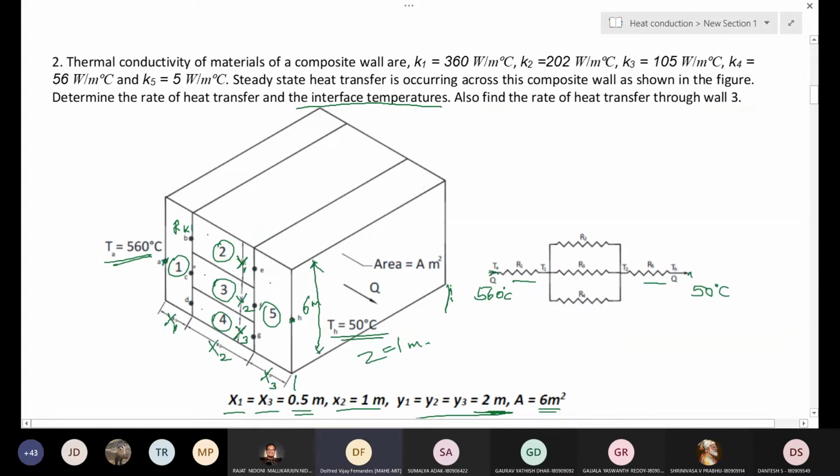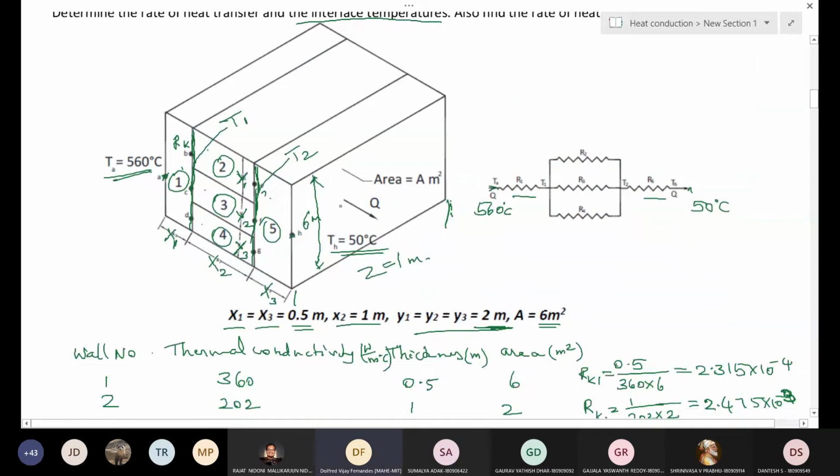There are two interfaces, one is this one and then this one. Let me say the temperature at this interface is T1, and the temperature at the second interface is T2. Can you calculate the interface temperature?